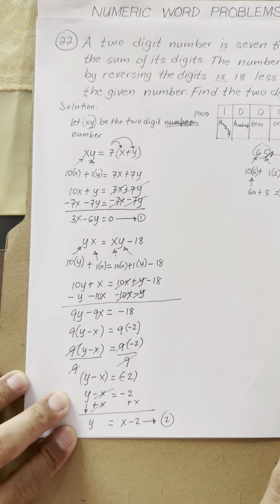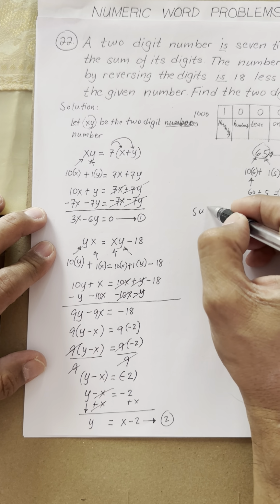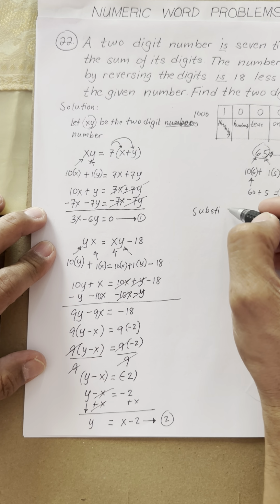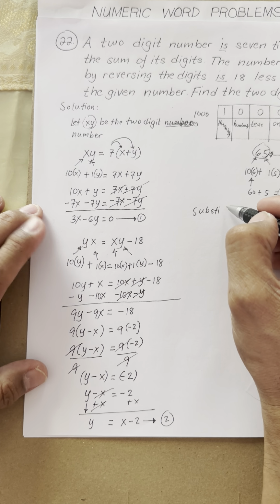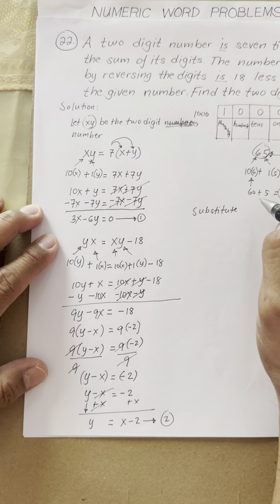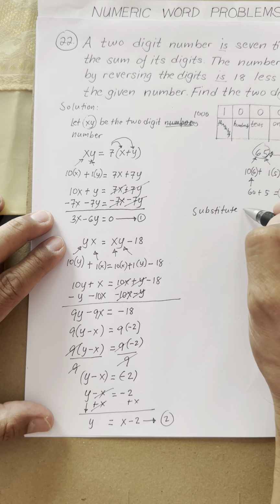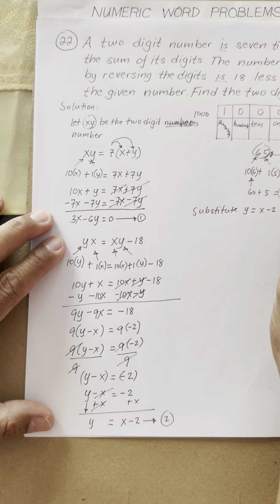Okay. So next we can substitute, so that we can solve for any of the variables. In this case, if you want to solve for, for example, x, we can substitute y equal to x minus 2 in our equation 1.